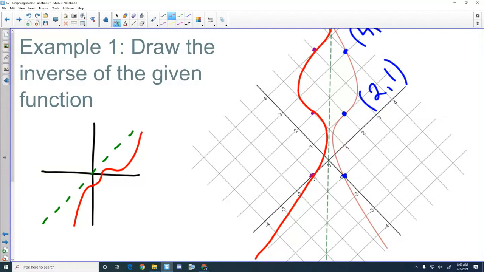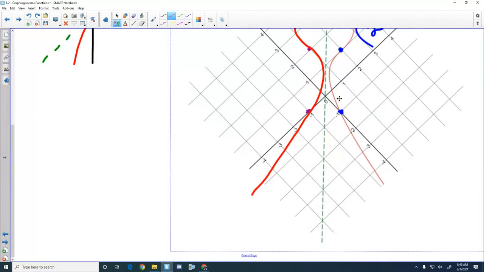And that's it. You've graphed the inverse function. Let me revert it. Oops.